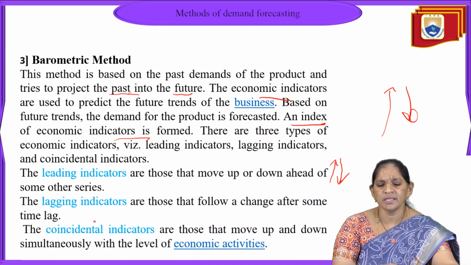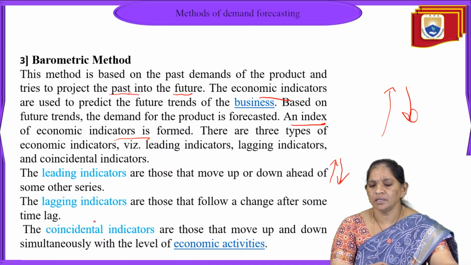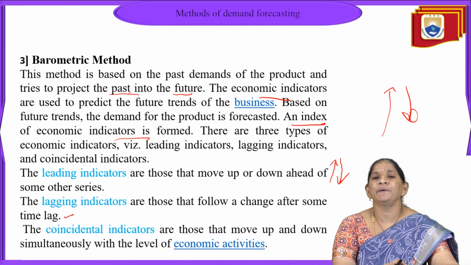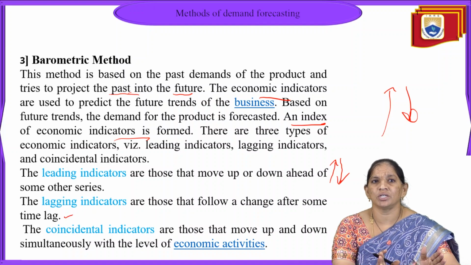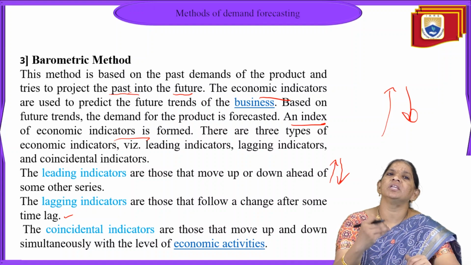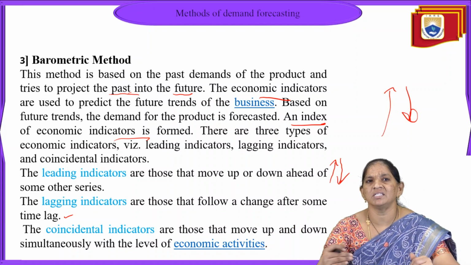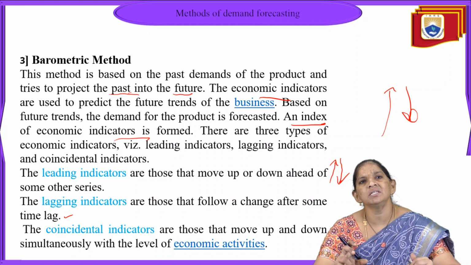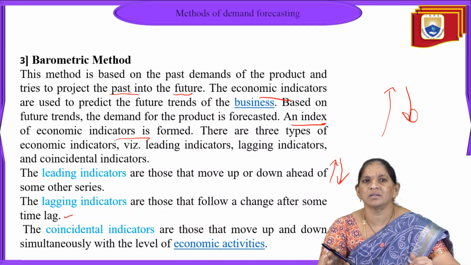The next one is the lagging indicator, which follows a change after some time lag. After some period of time, the economic indicator starts working, so the immediate effect will not be considered.